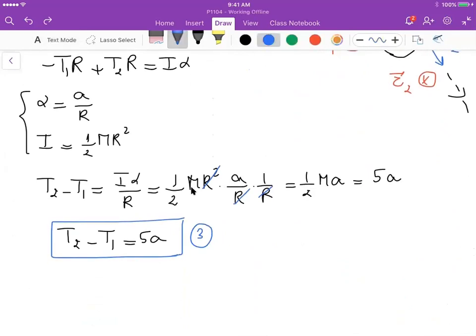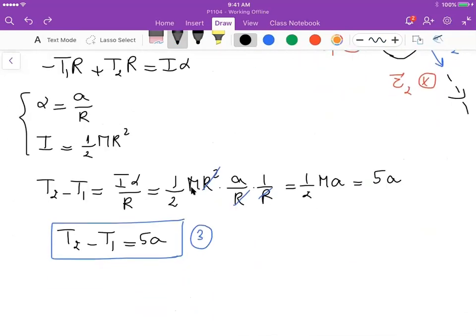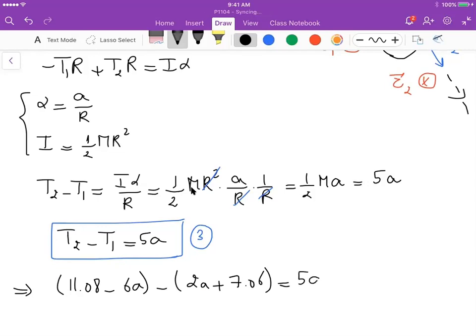And if you just take all these three equations together, you will end up with, T2 we get from equation number 2: T2 is equal to 11.08 minus 6A. So 11.08 minus 6A minus T1, which we get from equation 1 as 2A plus 7.06, is equal to 5A.